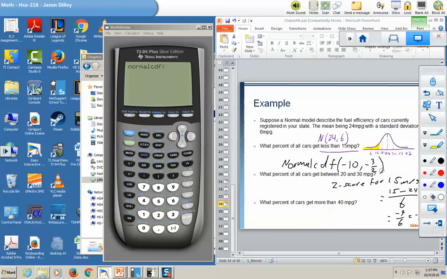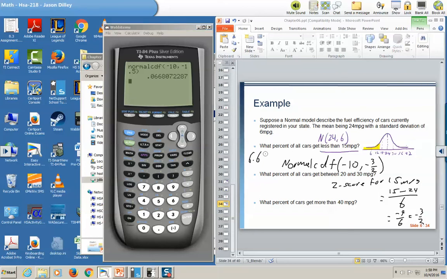So let's go ahead and enter that. -10, a small number for the lower bound, and then -1.5 for the upper bound, and there it is. That's my percentile. That is 6.6%.